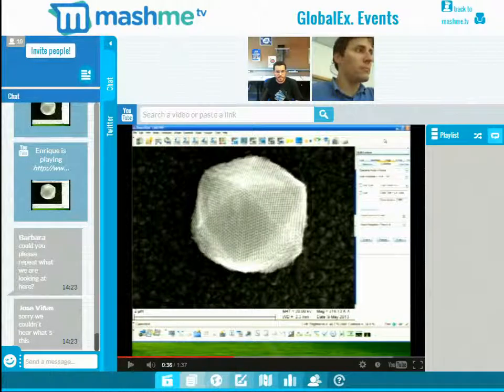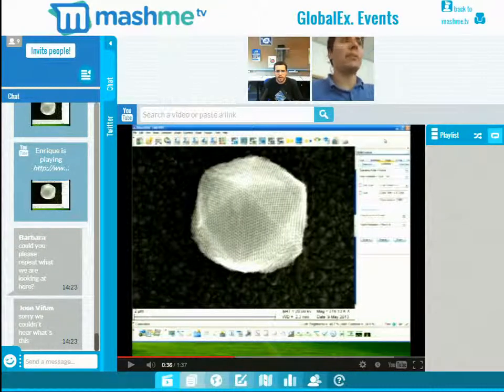Barbara asked if you can repeat what we are looking at here. So this is diode, that's platinum, and the structure is called gyroid. It's a three-dimensional structure.